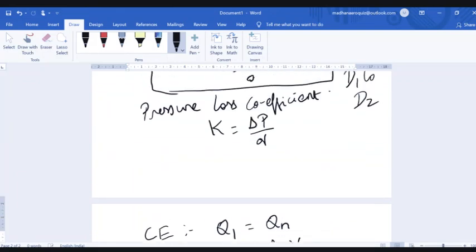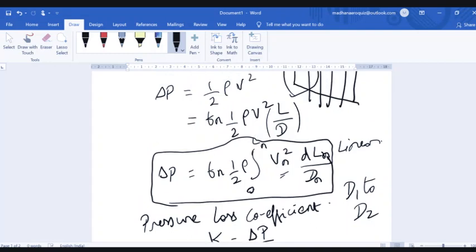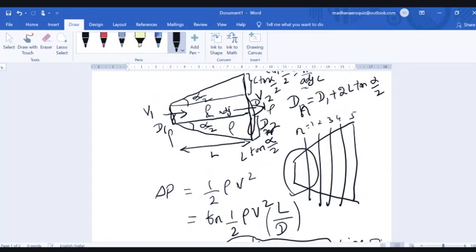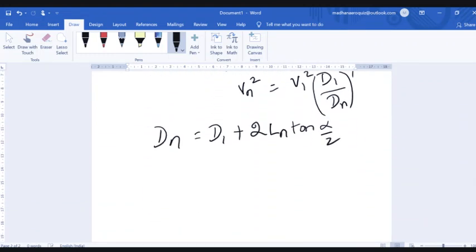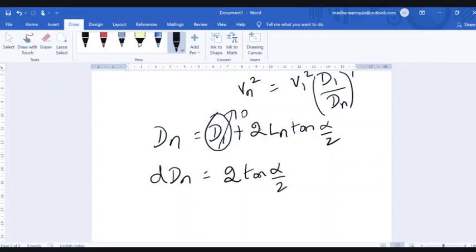Here we have to consider the similarity: we consider L only, and since this is the length of the section ln, here also ln, the same criteria apply. When differentiating this equation, ddn, and d1 is a constant term, so it becomes 0, and finally we have 2 tan alpha by 2, and ln is also the differentiable term, so differentiation with respect to ln.